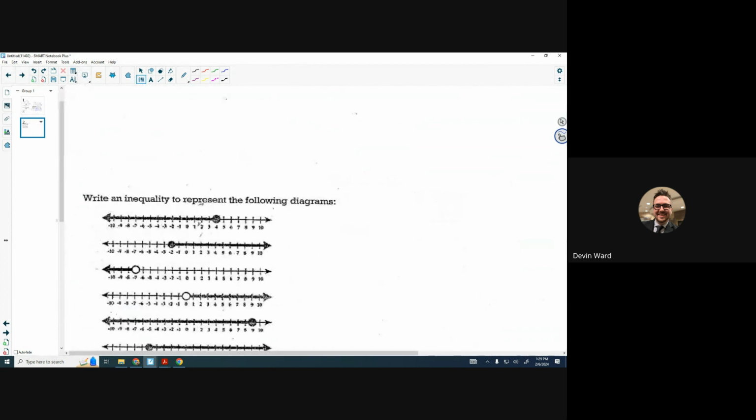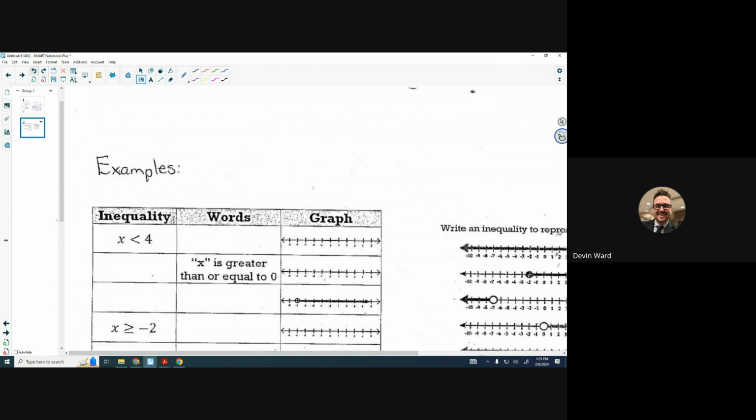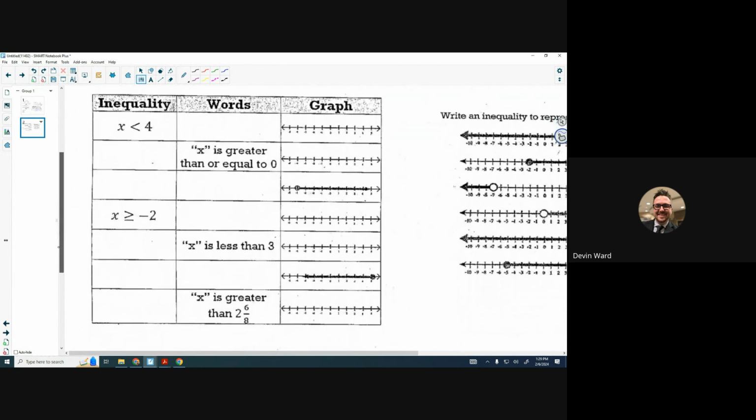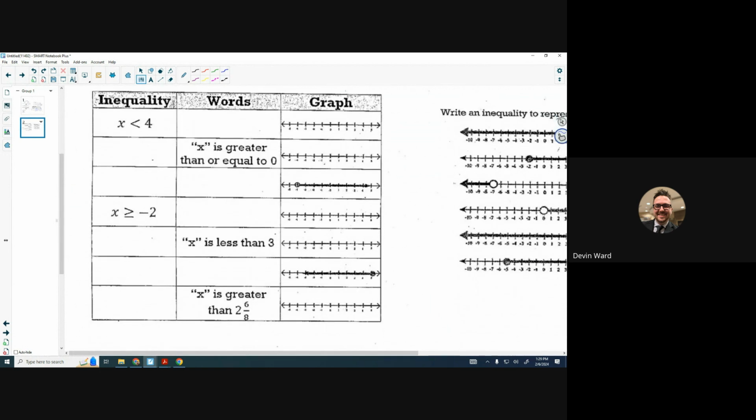Let's zoom in again because that one is nice. We'll do it last spot. Yep, here we go. Okay, so my first inequality, if x, with an arrow that points to the left, 4.